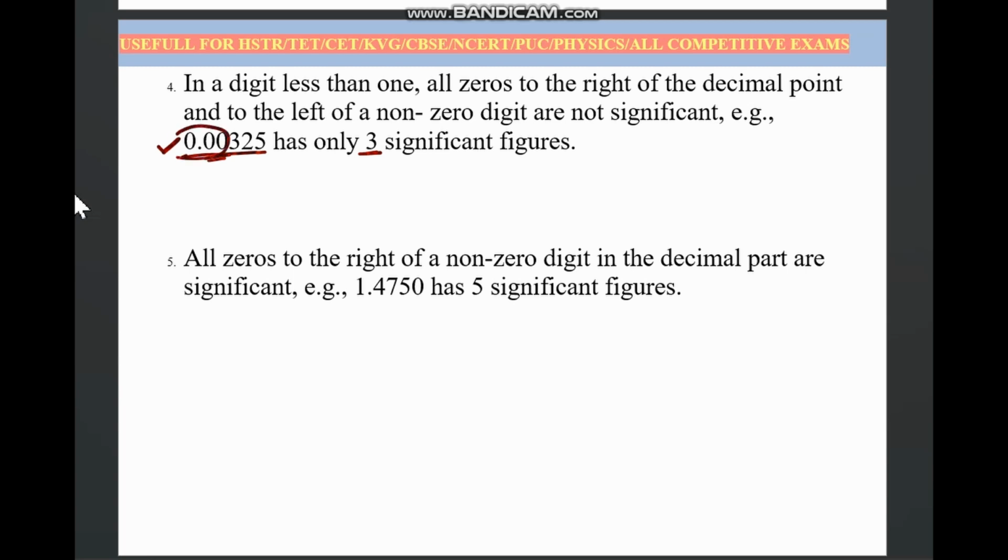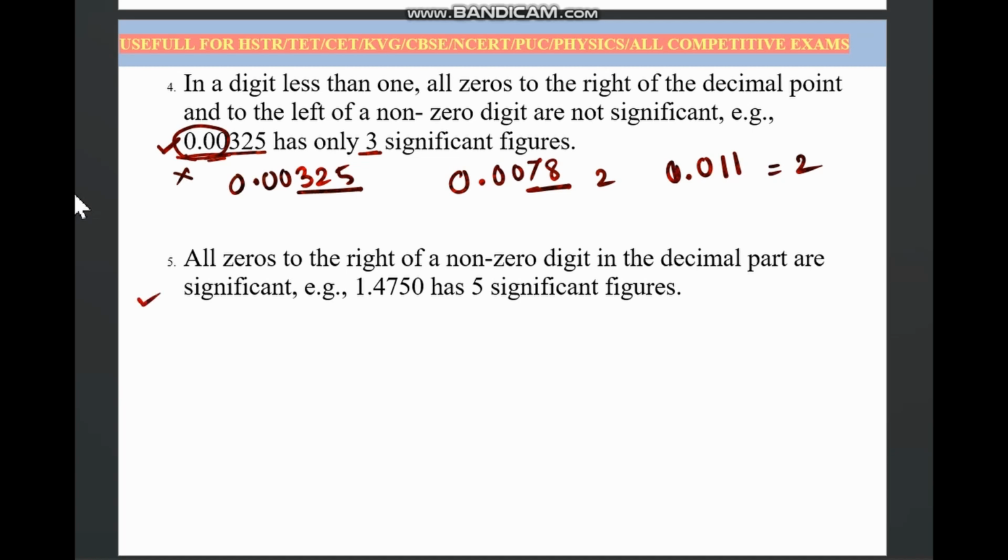So these three zeros are non-significant. Hence in this 0.00325, I have only three significant figures. If I take 0.0078, I have only two significant figures. If I take, sorry, 0.011, again I have only two significant figures.